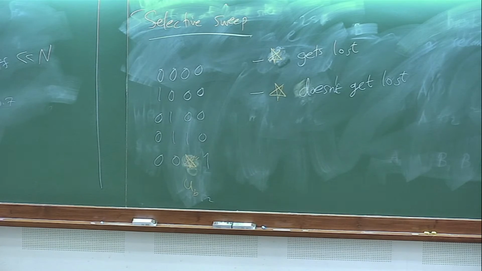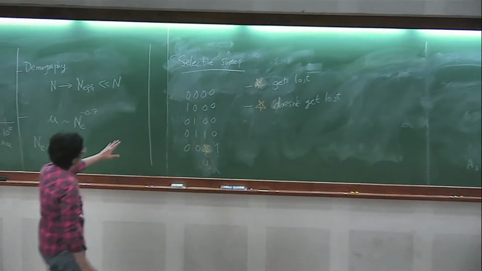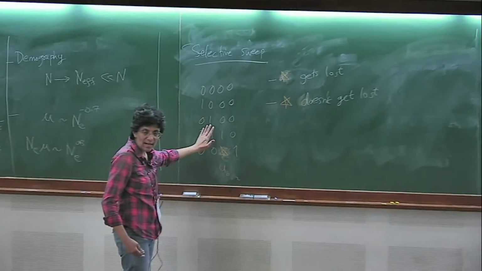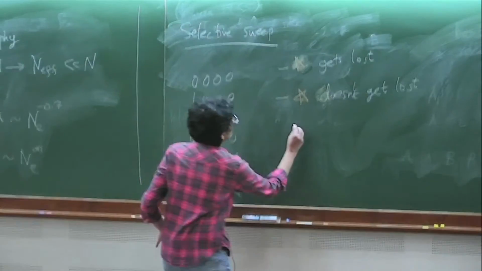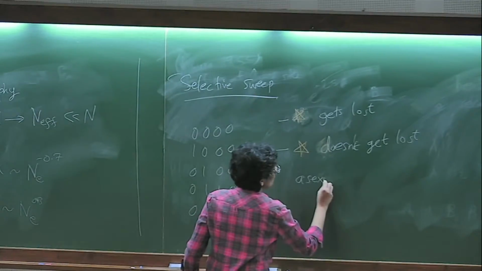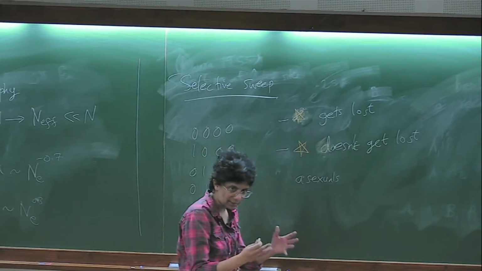So I want to know what will happen to that. In that case, how will this population behave? As some of you were saying, it's a good one, and it will spread. It will produce, on average, more offspring compared to these guys. And let's say they're asexuals, so they are always stuck together.